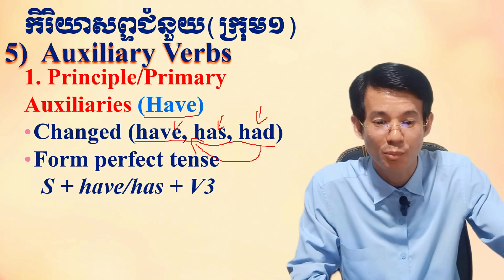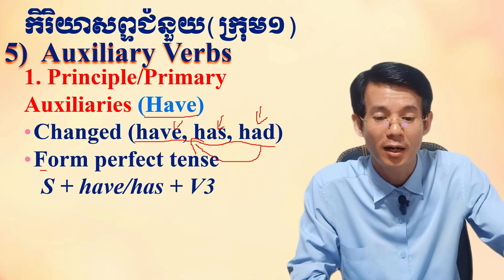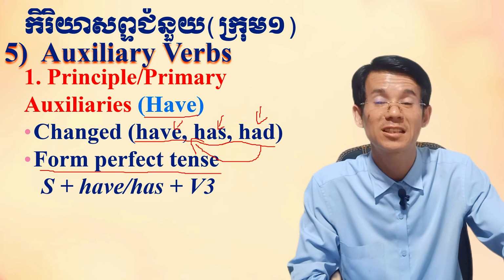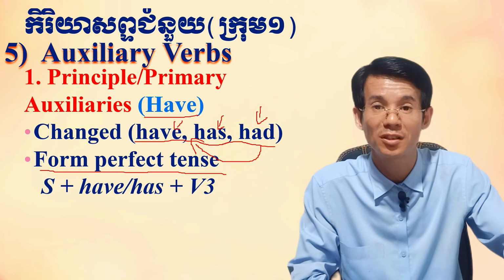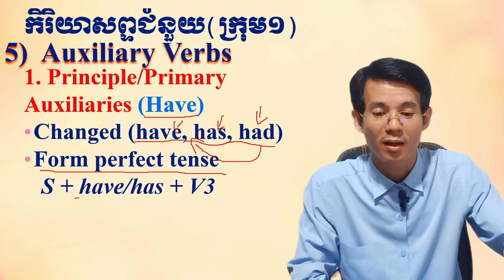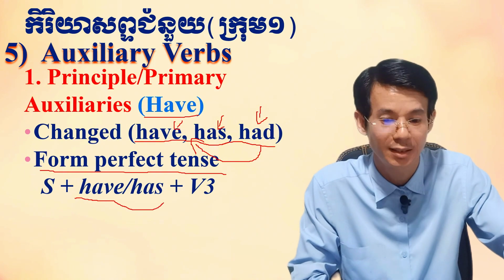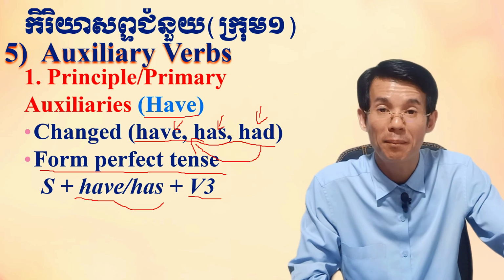Second point for the principal auxiliary verb have. Have is used with the main verb to form the perfect tense. So normally the subject is followed by have or has together with verb 3, the past participle.